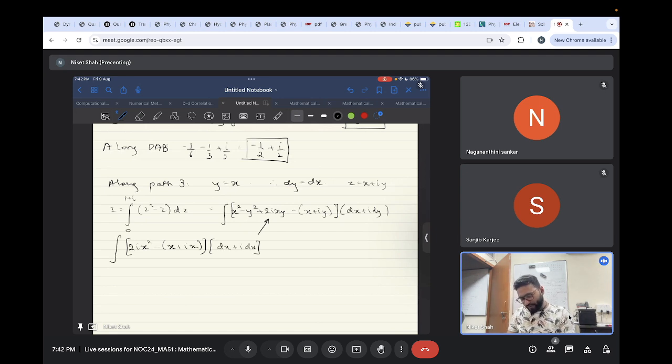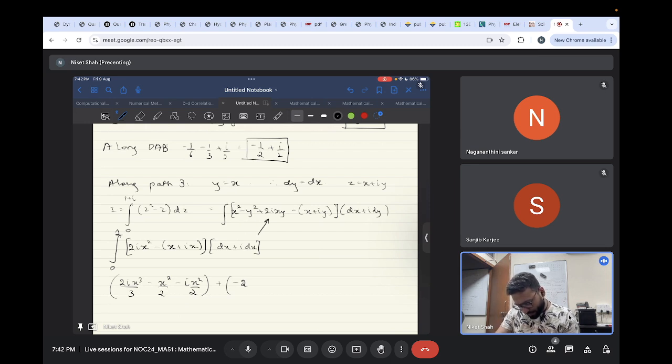Okay. And this integral goes from, where does x go from? x goes from 0 to 1. So this integral also goes from 0 to 1. So let's solve this. 2ix cube by 3 minus x square by 2 minus i x square by 2, and minus 2, I'm putting i square as minus 1.